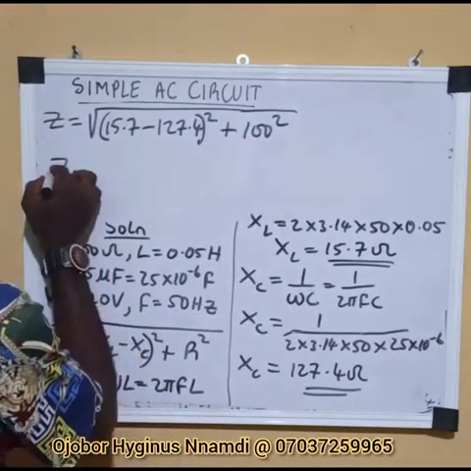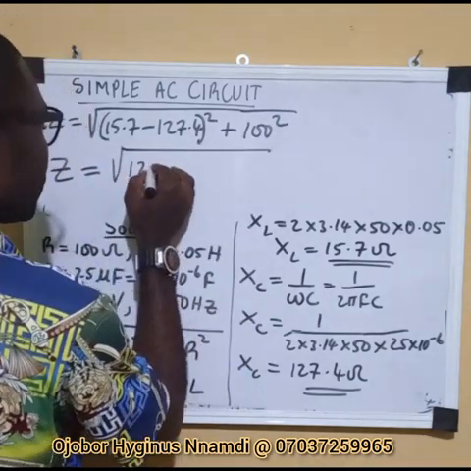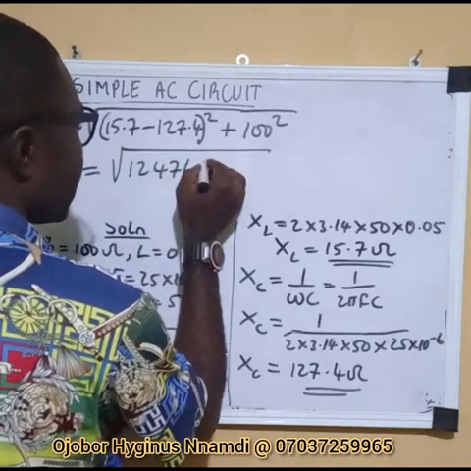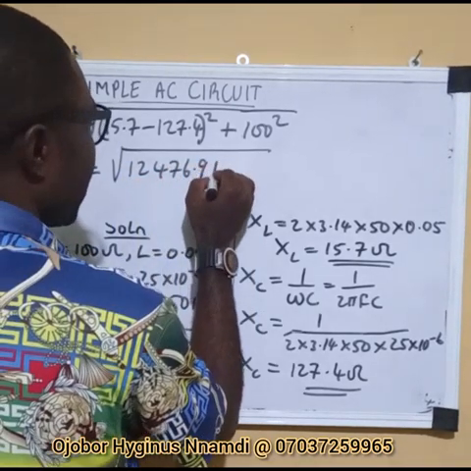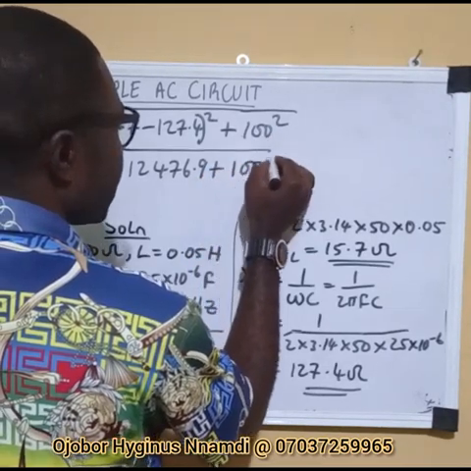So if we simplify, Z is equal to the square root of 12476.9 plus 100 squared, which is 10,000.